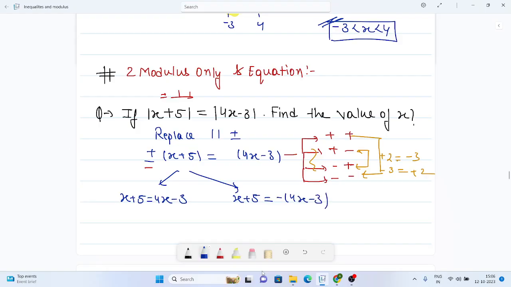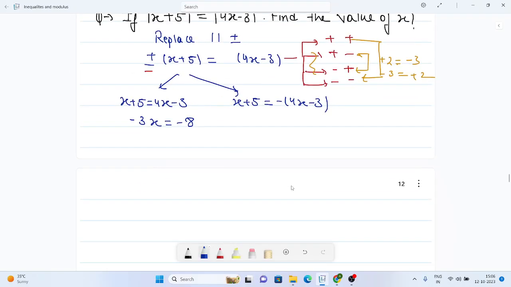And if you solve this, this is minus 3x equal to minus 8, I think so. And here you get x equal to 8 by 3, right? If you solve this, you get x plus 5 equal to minus 4x plus 3, or 5x equal to minus 2.